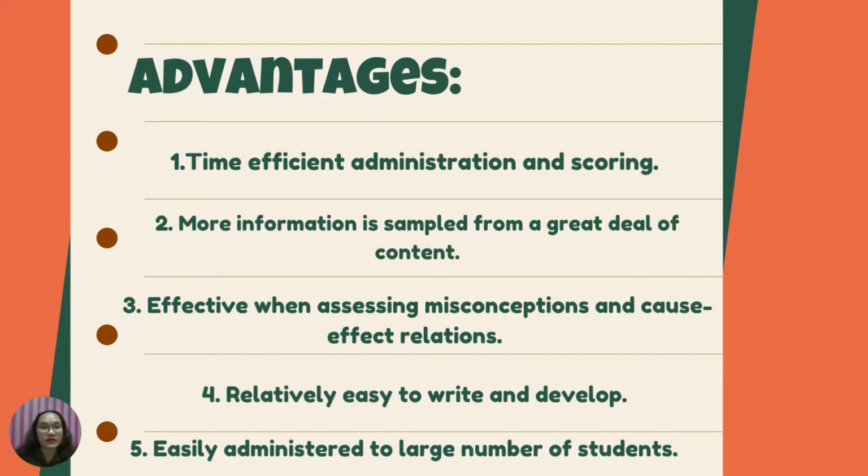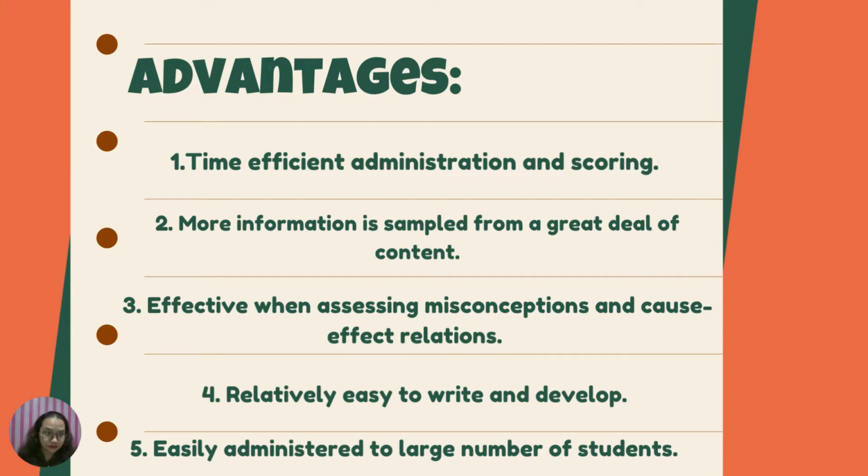Number 2, more information is sampled for a greater deal of content. So meaning to say, as teachers, we can ask a lot of questions so that we can test if they had already acquired the right competencies that they need to learn, or they haven't. Next, effective when assessing misconceptions and cause and effect relationships.